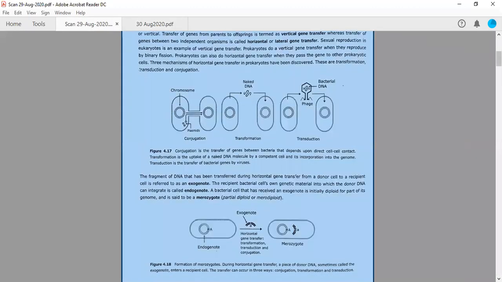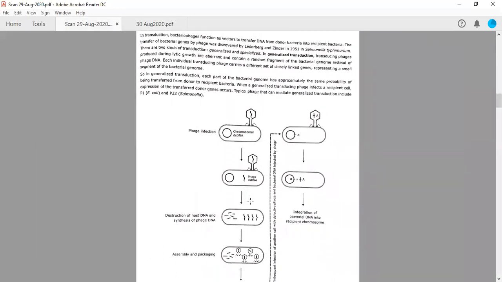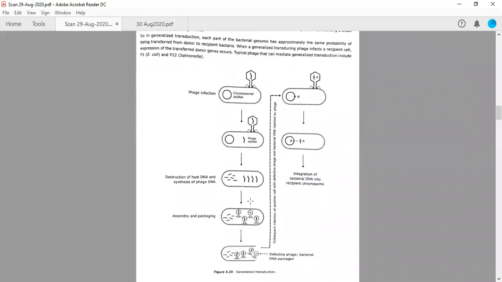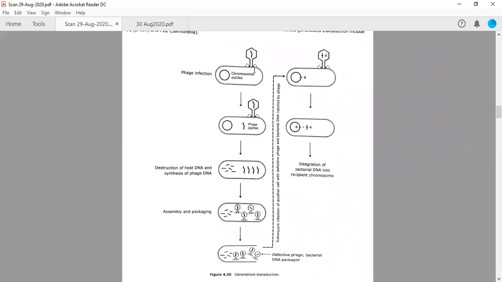So here, suppose this is a generalized infection in which a bacteriophage is infecting some bacterial cell, right?